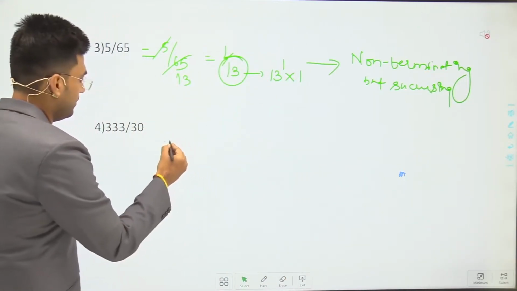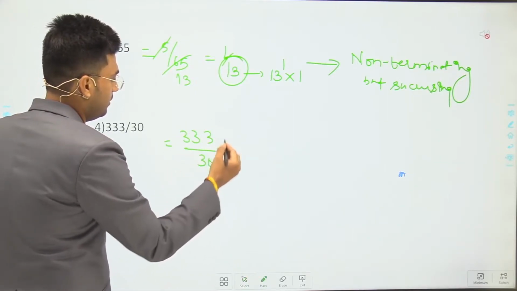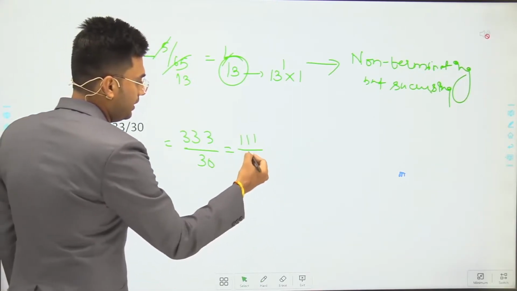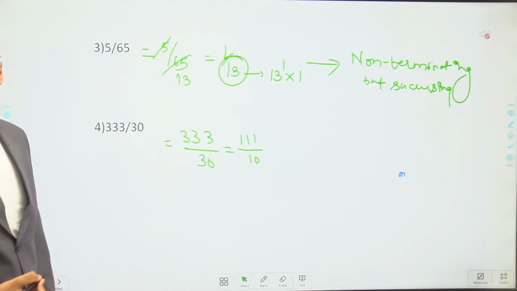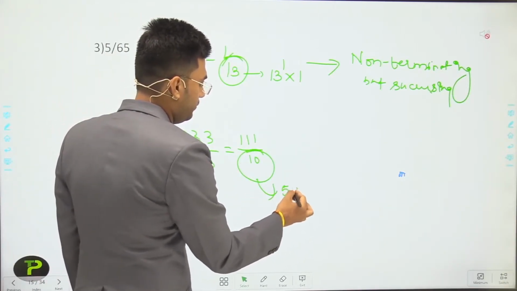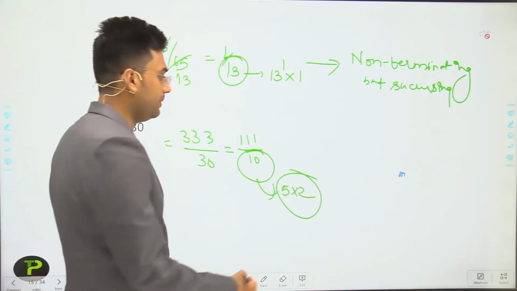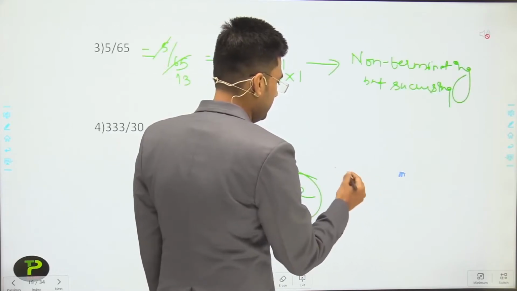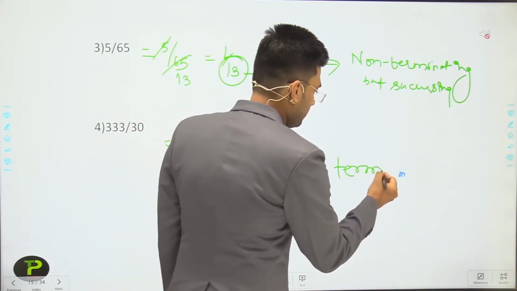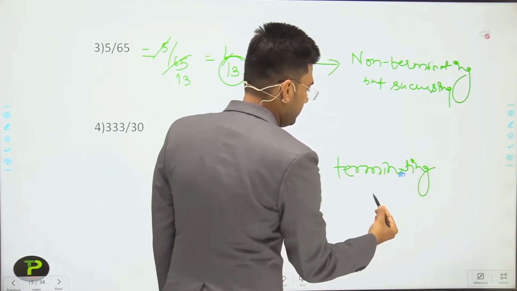It is 333 upon 30. It is equal to 111 upon 10. Okay. Now the denominator is 5 into 2. So it is in the form of 2 power m multiplied by 5 power n. So it is a terminating decimal.